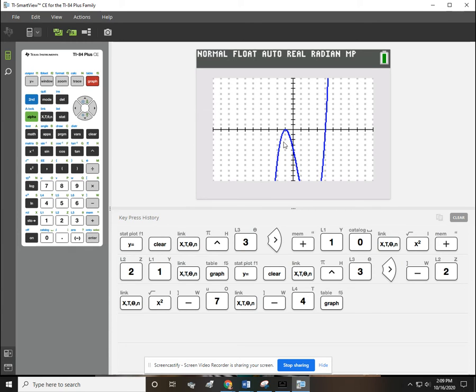But this one is the one where it just touches and bounces back because it has an even multiplicity, so it repeats. There's 2 factors, so multiplicity of 2, so it's just going to touch it and bounce back. And this one goes all the way through because it has a multiplicity of 1.